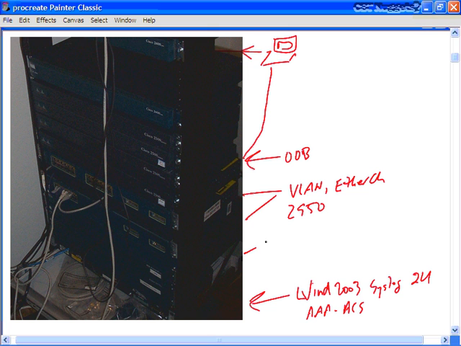Right below that I've got a Cisco VPN concentrator, and that's used for virtual private networking termination for site-to-site and remote access IP security virtual private networks. I've got a Cisco PIX 515 firewall appliance that I use, and that firewall appliance operates at network layer 3, 4, and transport layer 5.